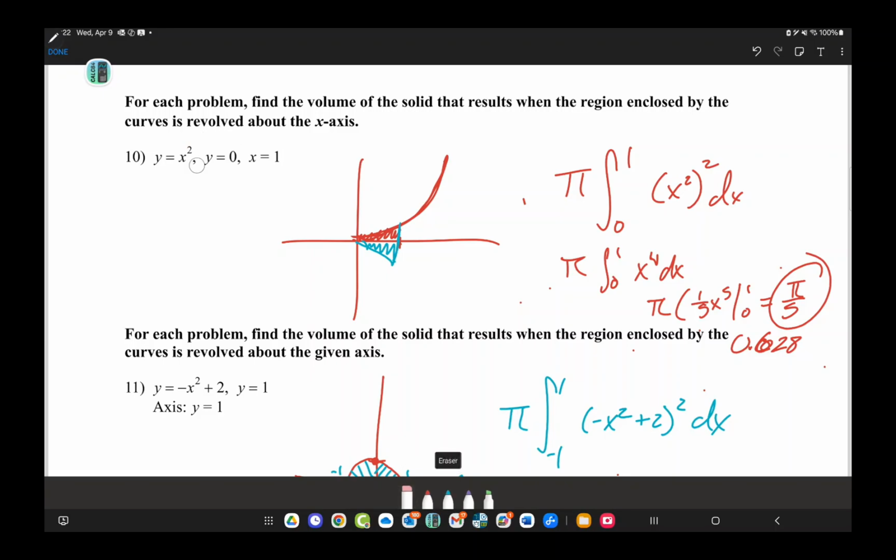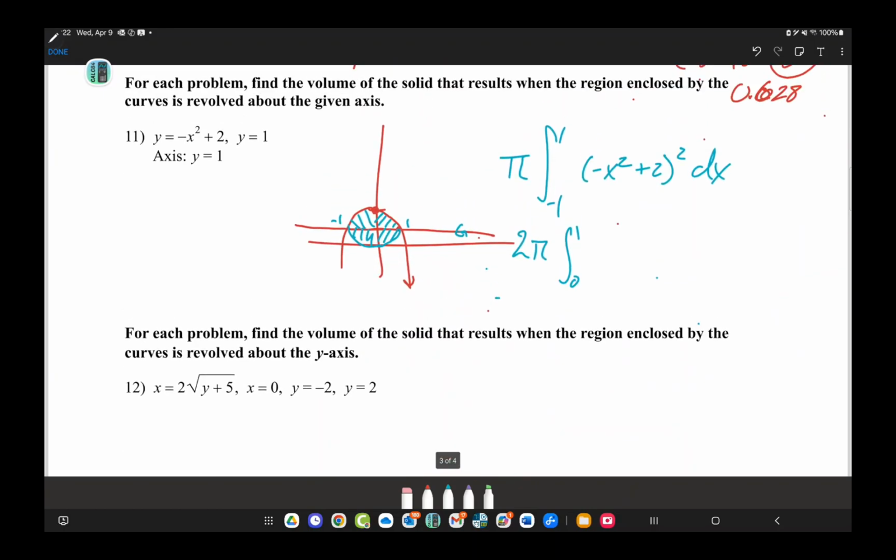Because it was y equals 0, because that gives us this line right here. Where do they intersect? Here to here. Good question though.